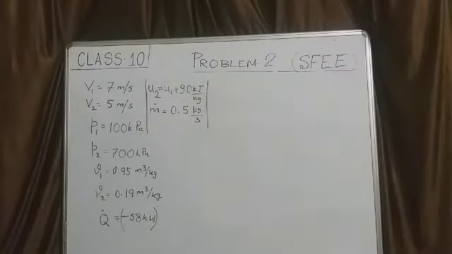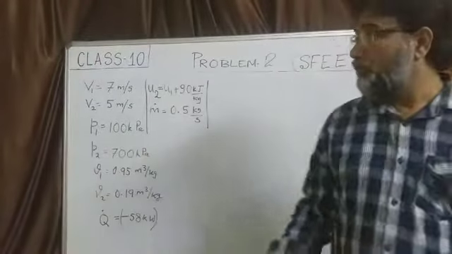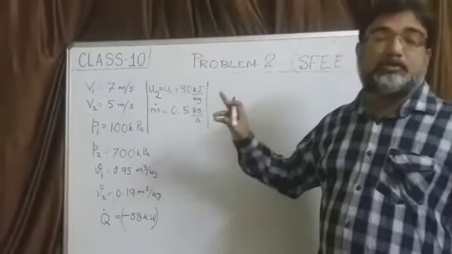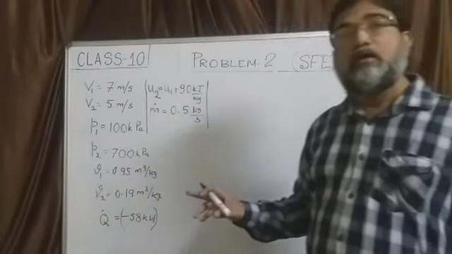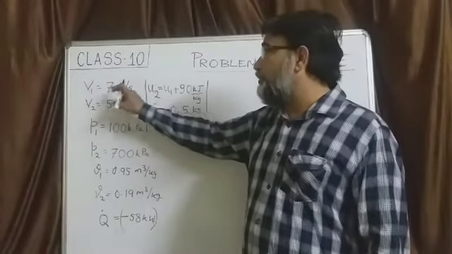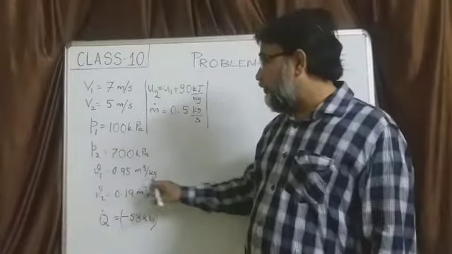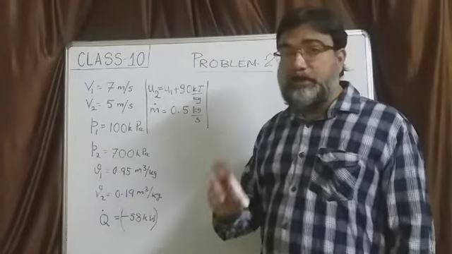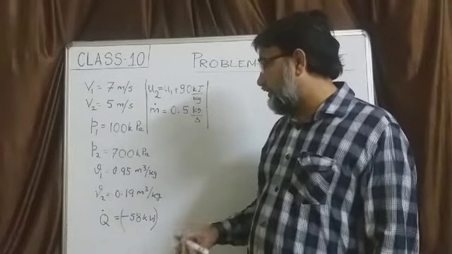So this is the information. You can mark here that with each number I have written the units attached to it. Velocity will be meter per second, pressure will be in kilopascal, specific volume will be meter cube per kg, not just a number. I am writing 0.95 meter cube per kg, like that.